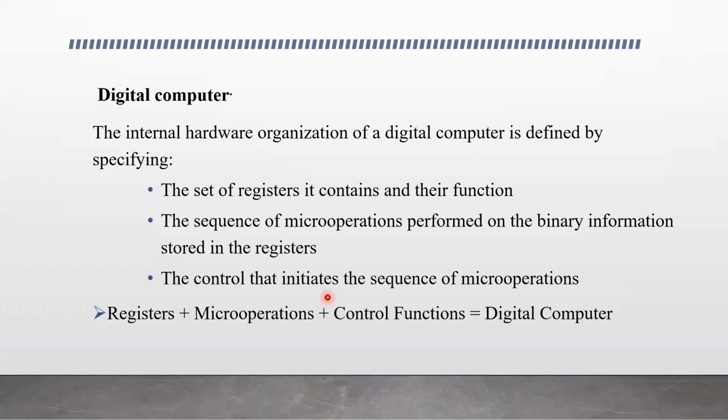In simple terms, a digital computer is defined by the registers it contains, the micro operations performed on the data stored in the registers, and the control functions that initiate these micro operations. All these different hardware modules combined make a component.